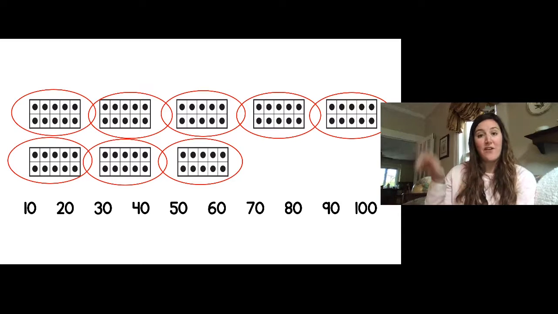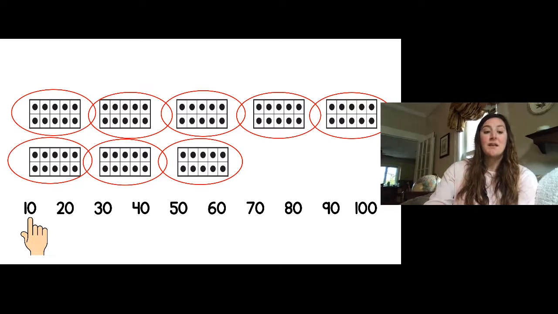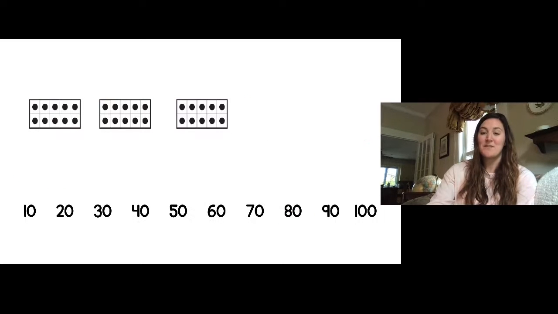There were 8 full 10 frames. 8 groups of 10 equals 80 counters. 10, 20, 30, 40, 50, 60, 70, 80. There's the number 80. I will circle it. I circled the 80 because there's 80 counters.